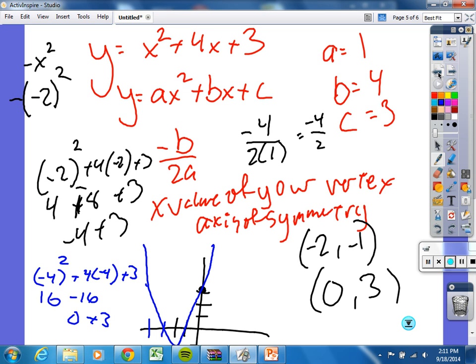If your a value is negative, you're going to have a maximum graph. And the reason is because something that's x squared will always be going up, but as soon as it's negative x squared, it flips you down. Yes? If your a value is positive, you're going to have a minimum graph. If your a value is negative, you will have a maximum graph.